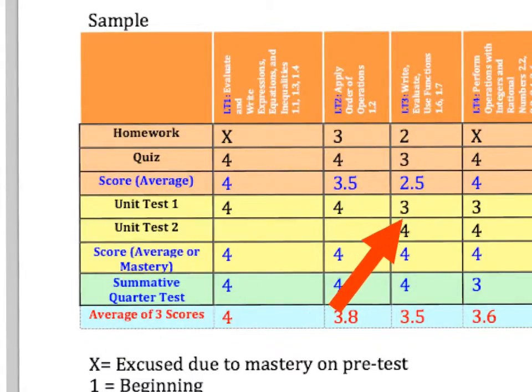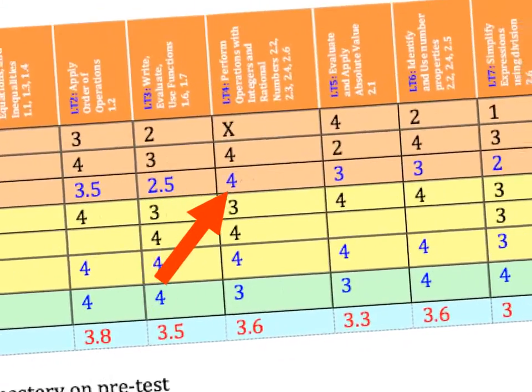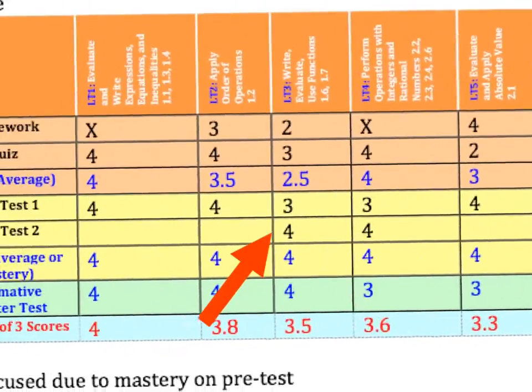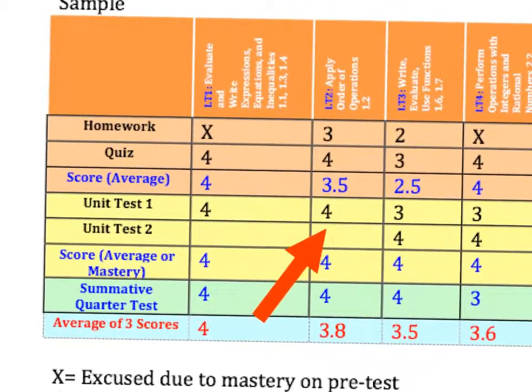So this student has 2 scores because the first time they did not show mastery. However, once you show mastery on a unit test, you get a score of 4. If, however, you'll see on a further example, the student never showed mastery, then you simply average the 2 unit tests.